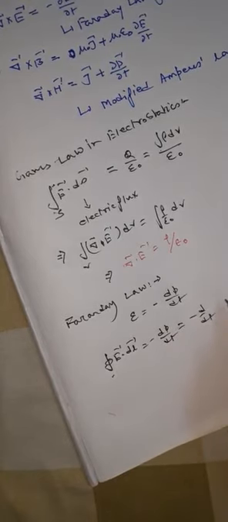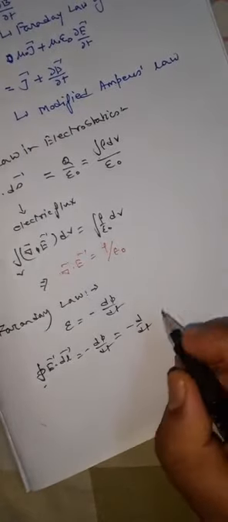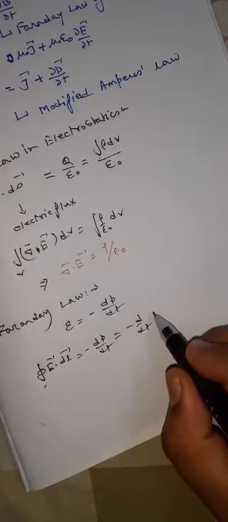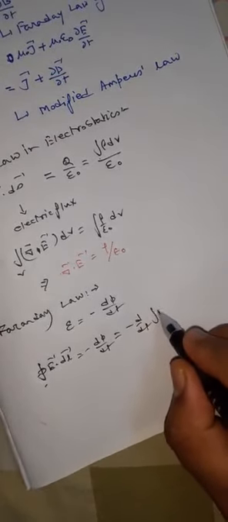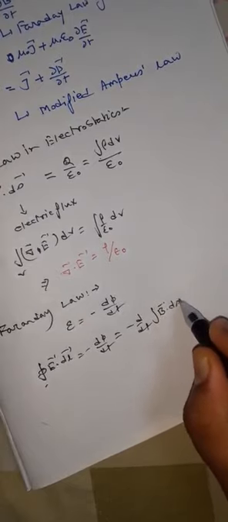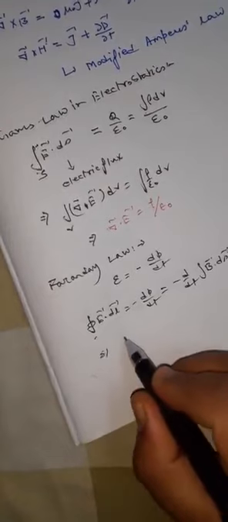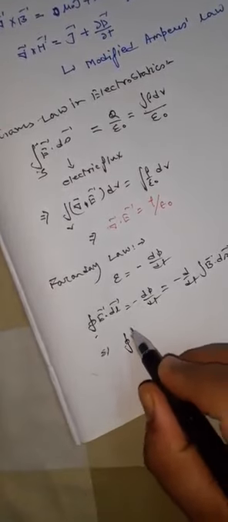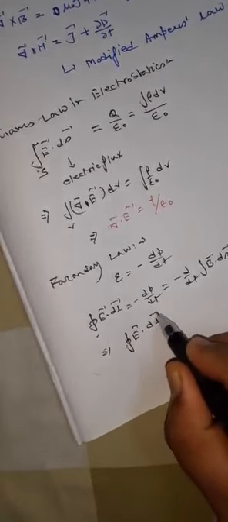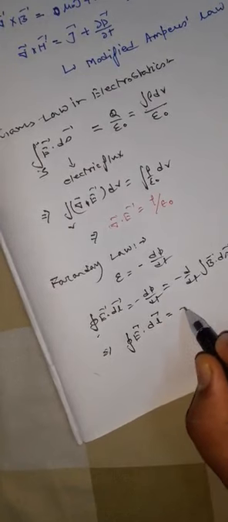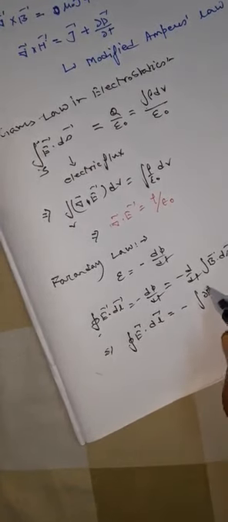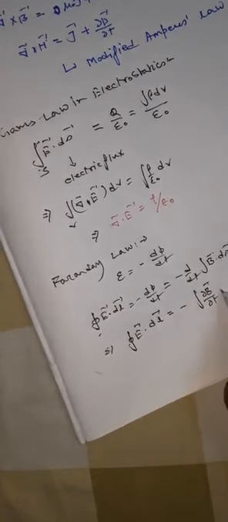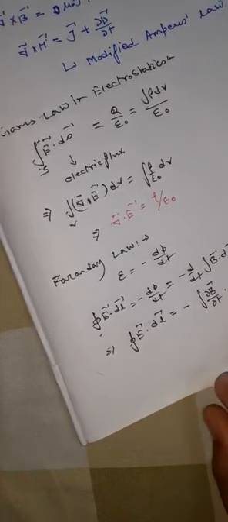Similar to the electric flux we wrote in the previous case, we can write this as B dot ds. So we can write the closed integral of E dot dl equal to minus the integral of del B del t dot ds.